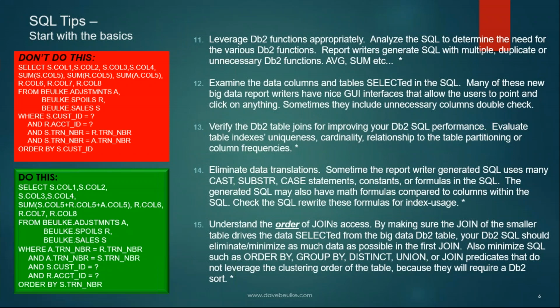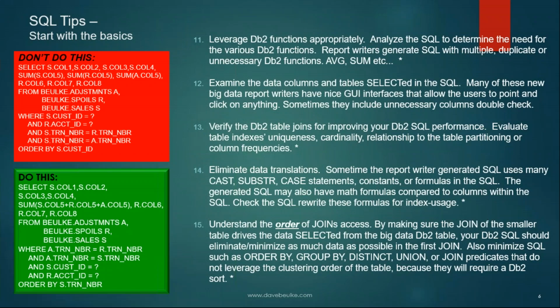So make sure that you review all the SQL that is ever produced from them. Make sure that it's only getting the information. Also, make sure you're doing your joins against index columns that have statistics run on them. And column frequencies are very, very important. We'll talk more about RUNSTATS and those things later on in the presentation.